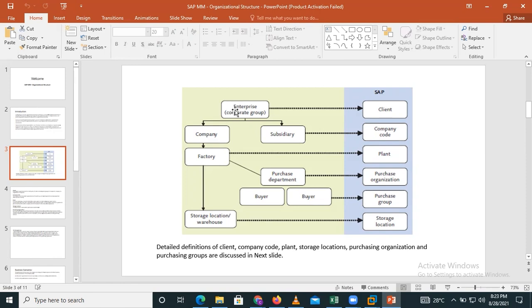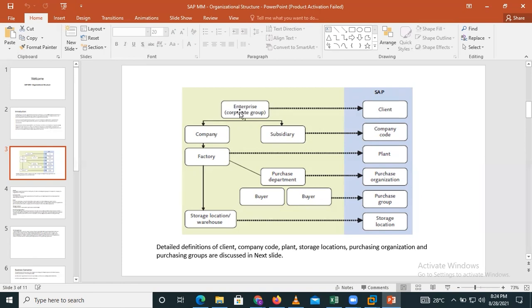Under that group, there might be companies or subsidiaries. So Reliance Group is one corporate group, which can be defined as a client. Under Reliance Group, we have Reliance Pharmaceuticals and Reliance Telecom, which can be defined as company codes, because those are different companies.